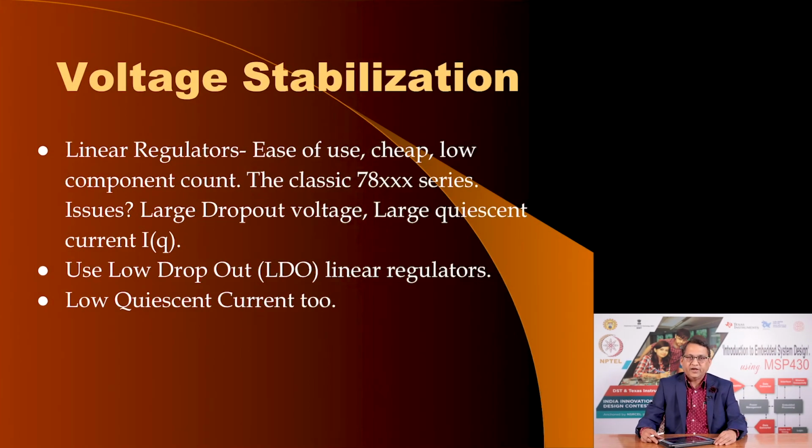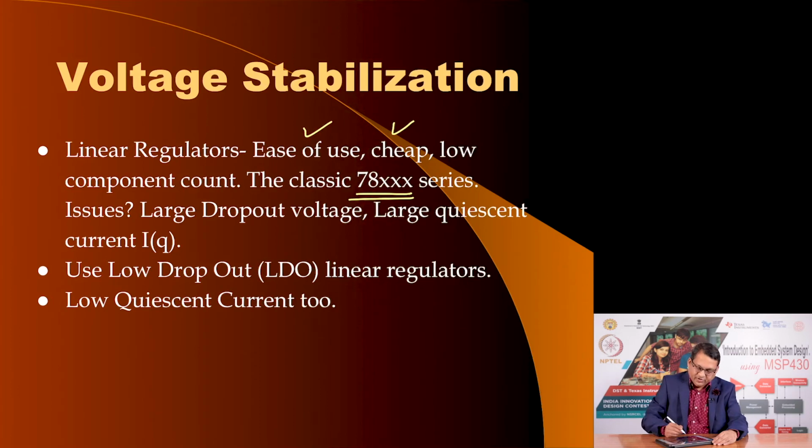Linear regulators, where the BJT or the active element operates primarily in the forward active region, are very easy to use, they are inexpensive, and they do not require any other component other than the voltage regulator if it is of an integrated nature. The classic example of a linear voltage regulator is the 78XX series.